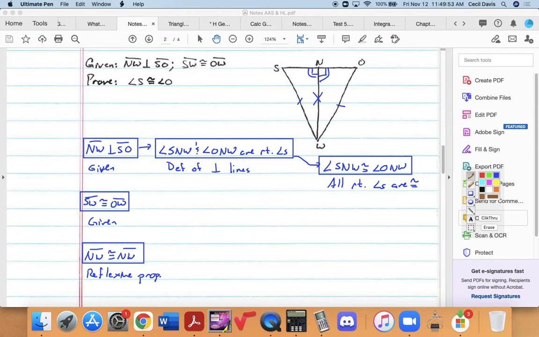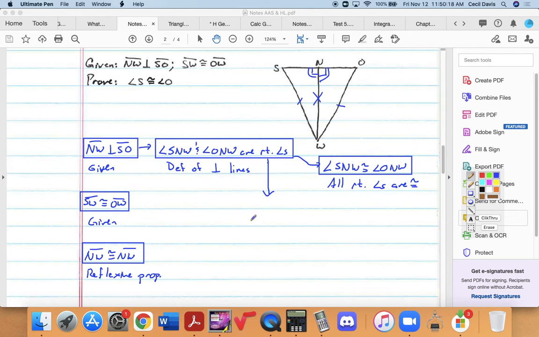And sometimes people think, well, then I'm stuck. But anytime it looks like it's side side angle, but it's a right triangle, it's going to be hypotenuse leg. But before we can say the triangles are congruent by hypotenuse leg, we have to state that we have right triangles. How do I know I have right triangles? Because they've got right angles in them.